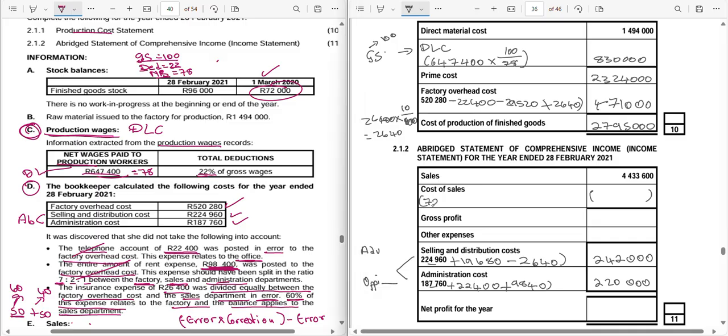You say 72,000 plus what? You are going to add this amount here of your cost of production of finished goods. You say 2,795,000 minus what? Minus your finished goods at the end, which is 96,000. So how much are we getting there?